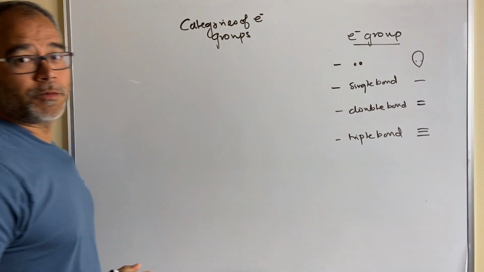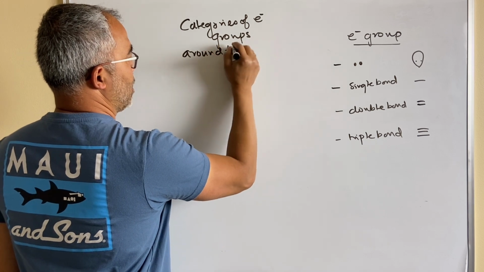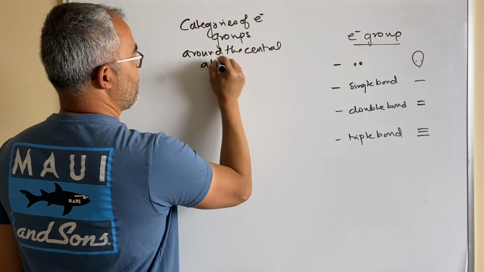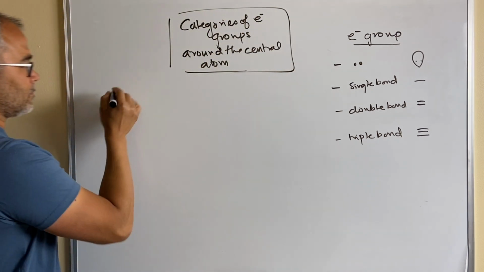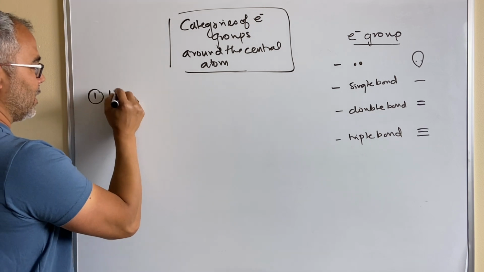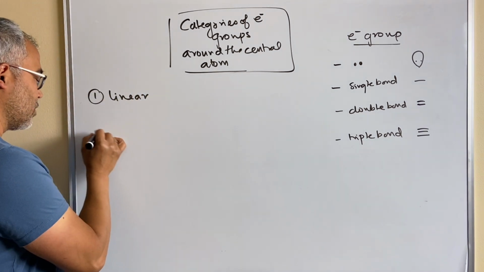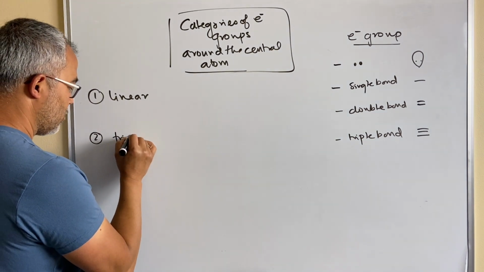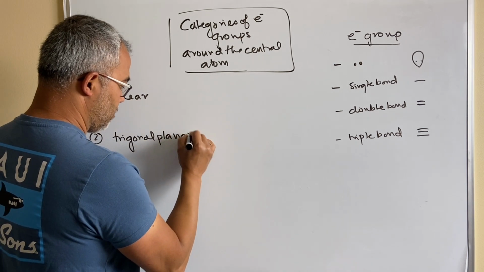These are electron geometries around the central atom. The first category we'll look at is linear. The second category is trigonal planar.